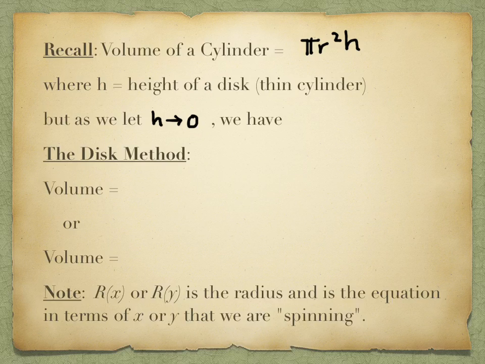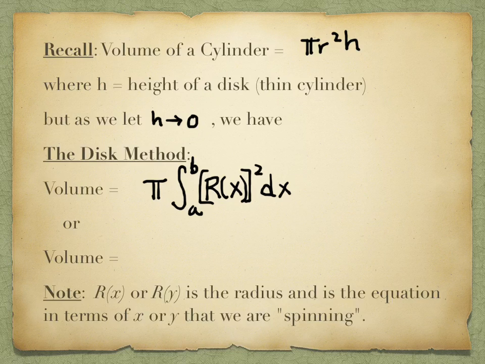And so as that happens, we end up with a volume that still has the pi, but our height gets replaced by either a dx or a dy, and the integral between wherever it is that we're starting and stopping on the particular graph that we're working with, a to b. And the part that's inside is r squared, which is simply the radius of whatever cylinder we're looking at.